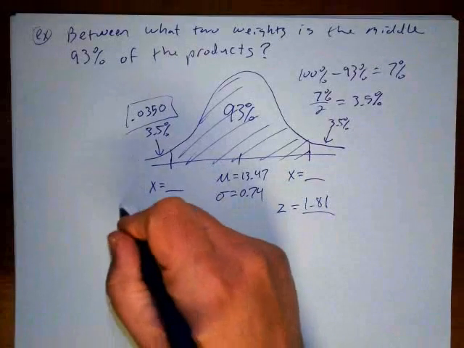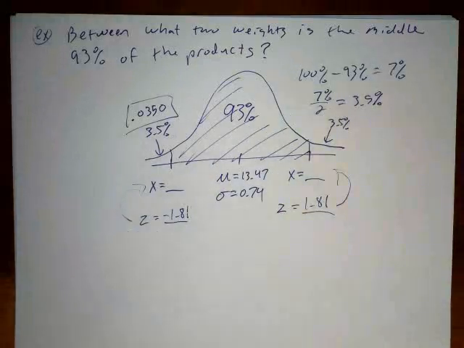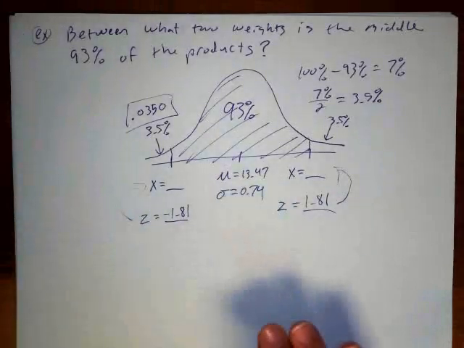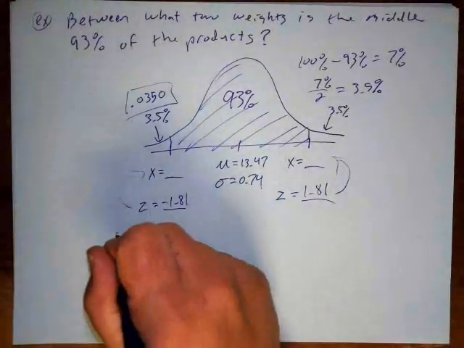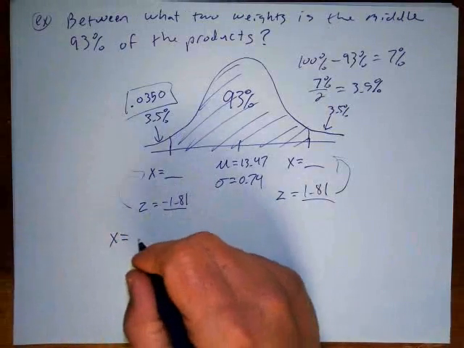So then I've got to convert both of these up into their actual weights. I've got the two z-scores, and getting those, that's just like what we did before, but now I use the reverse z-score formula to convert them back into their weights.